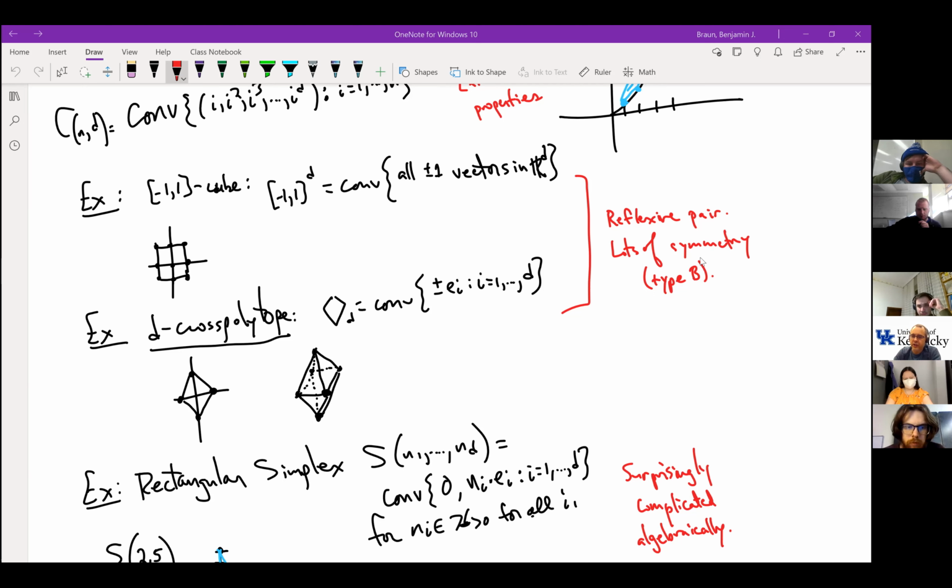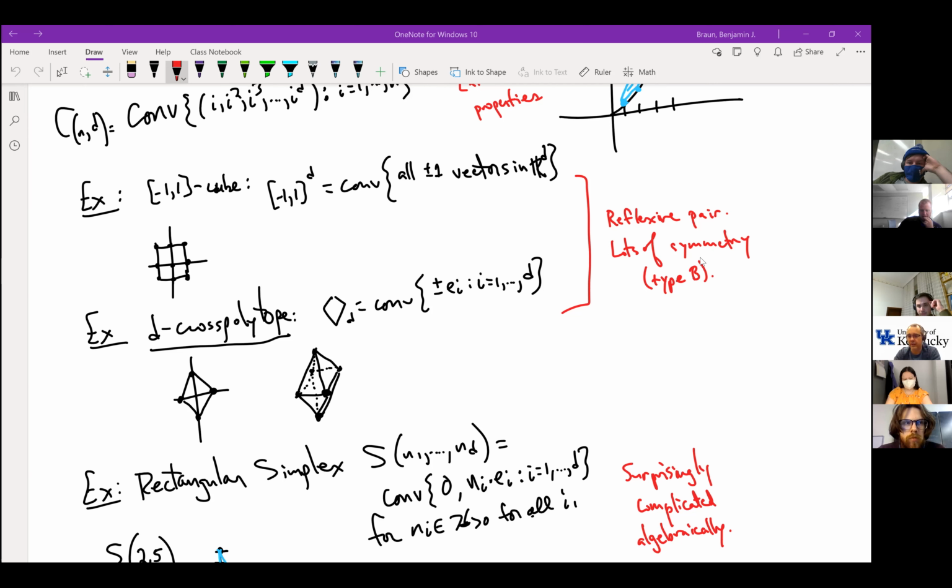So in response to the chat, the convex hull of just the vectors E1 through Ed is also called the standard simplex, because technically, if you take the lattice contained in the affine span of the standard basis vectors, then the convex hull of E1 through Ed is a minimal volume lattice simplex in that lattice.